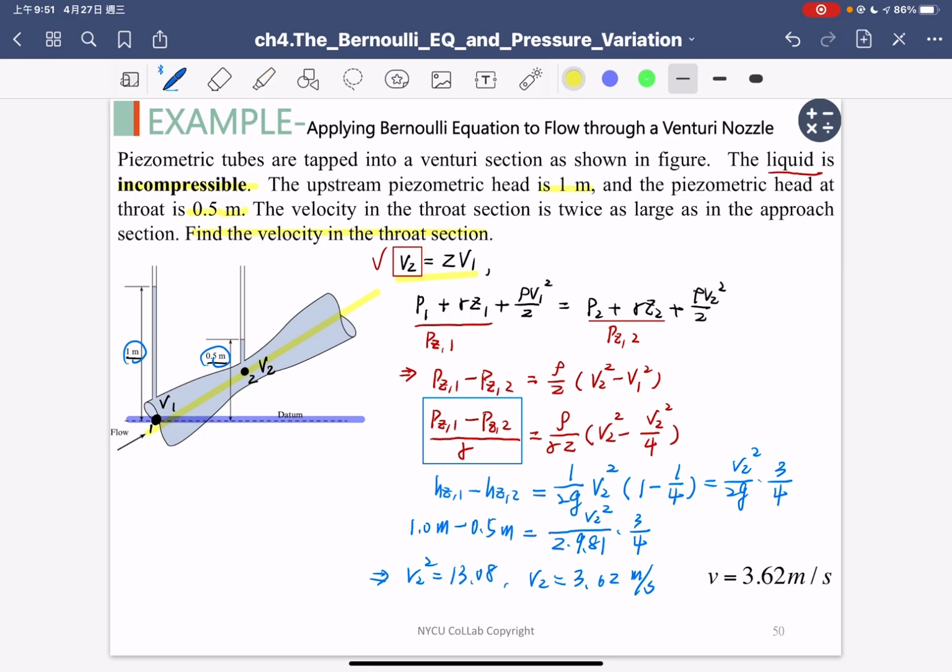Okay, so this is our final answer. Okay, so this exercise tells us how we can apply the Bernoulli equation. So you need to double check whether the conditions are satisfied or not. The most important condition is that it is an incompressible flow.